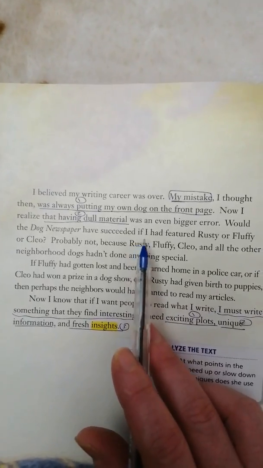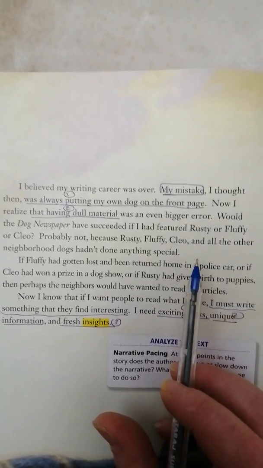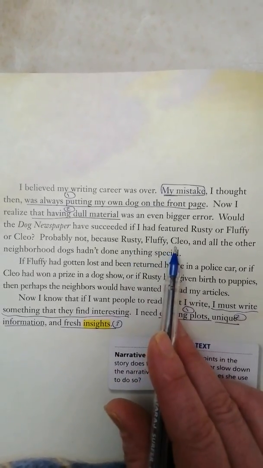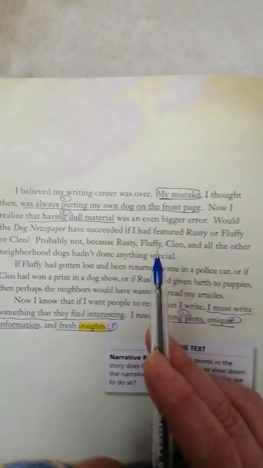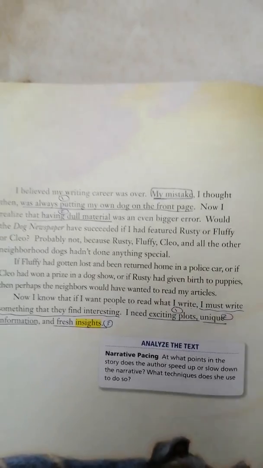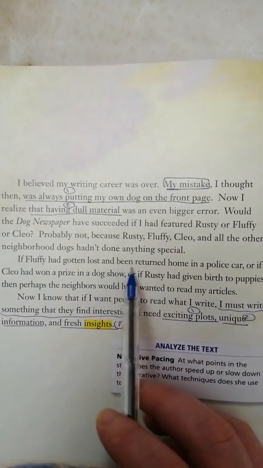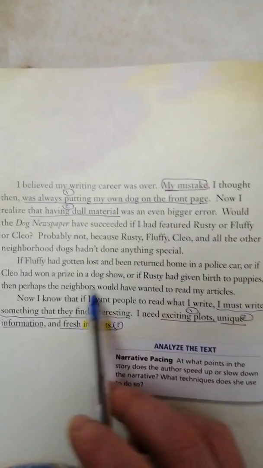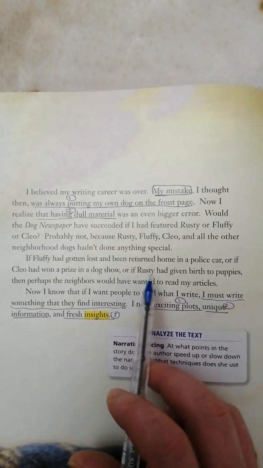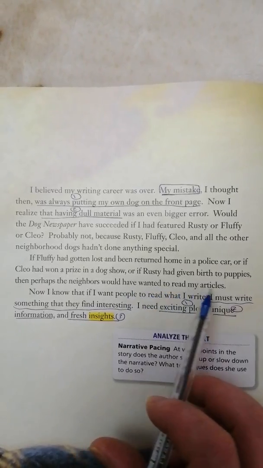Now she was thinking, if I wrote about other dogs in the neighborhood, would people love my newspaper? But then she said no, because all the dogs in the neighborhood, including Fluffy, Rusty, or Cleo, did nothing interesting. So even if I wrote about them, people would not love my stories or my reports. If Fluffy had gotten lost and been returned home in a police car, or if Cleo had won a prize in a dog show, or if Rusty had given birth to puppies, then perhaps the neighbors would have wanted to read my articles.